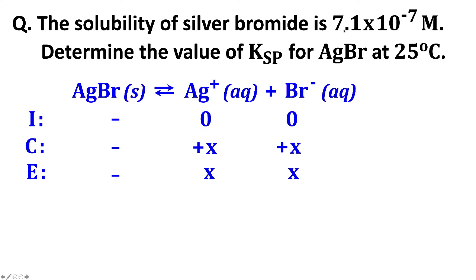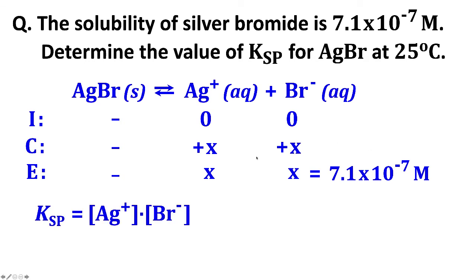And now we note that the silver ion concentration, or for that matter the bromide ion concentration, is 7.1 times 10 to the minus 7th molar, because if we are given the solubility of silver bromide to be 7.1 times 10 to the minus 7th moles per liter, then 7.1 times 10 to the minus 7th moles of silver ion and 7.1 times 10 to the minus 7th moles of bromide ion dissolve in a liter of solution.